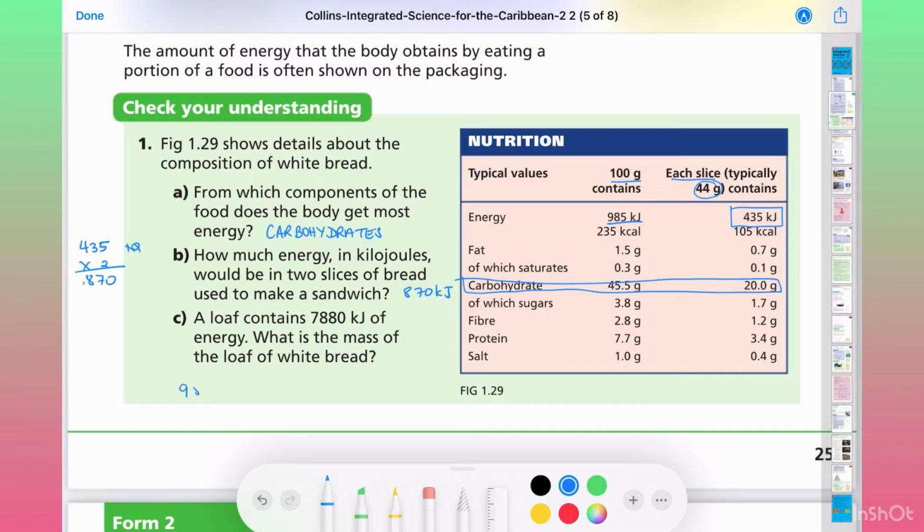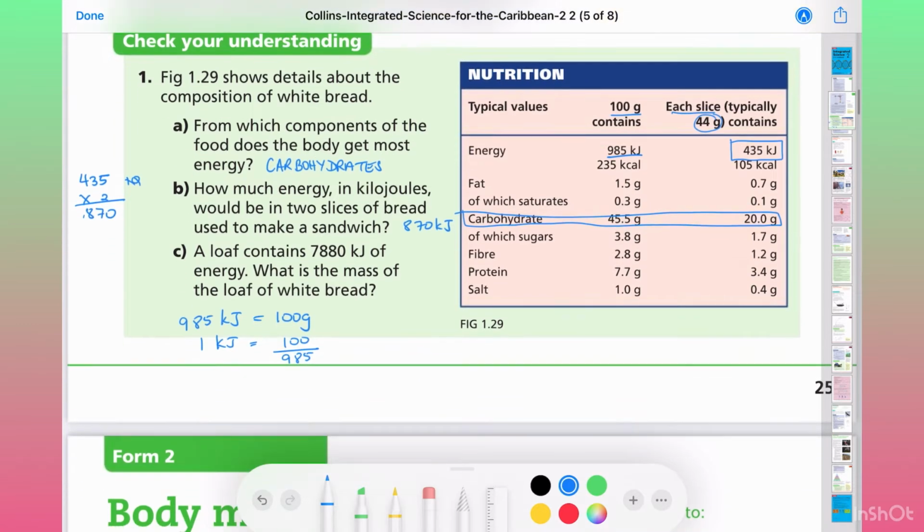So 985 kilojoules is equal to 100 grams. So 1 kilojoule will be equal to 100 divided by 985.